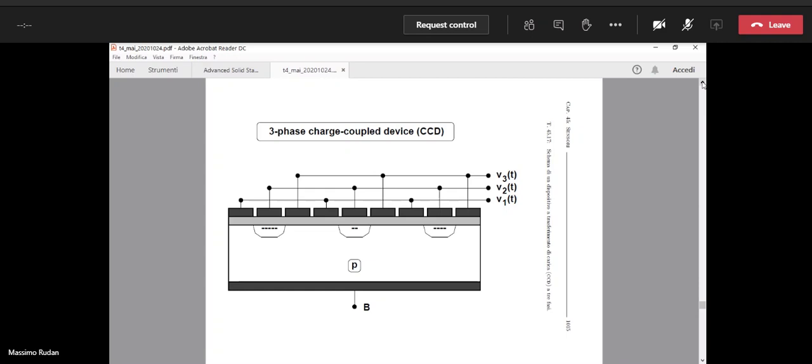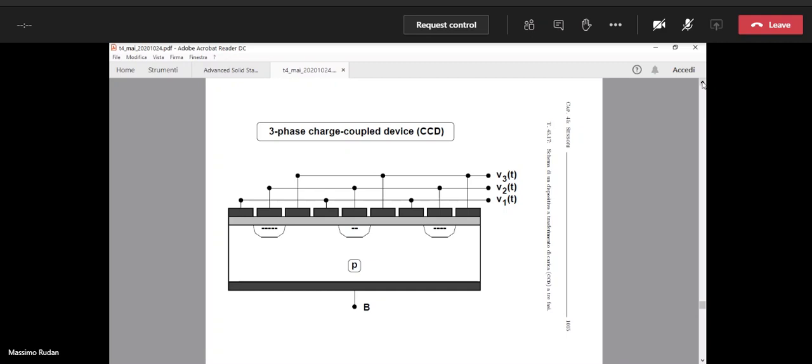We can associate an empty charge packet to a logical zero, and the filled charge packet as a logical one. Of course, we do not fill by impinging light, okay?